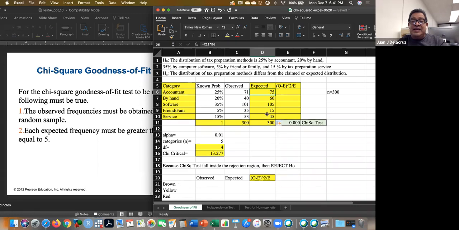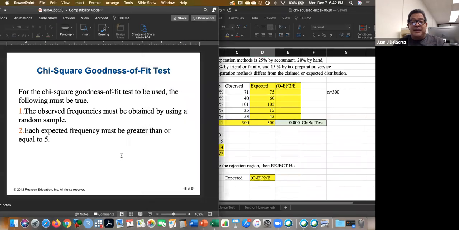But let's say one of those is lower than 5. That might not be good. If one of the expected frequencies falls below 5, we cannot apply the chi-square test, okay? So we have to keep that in mind.